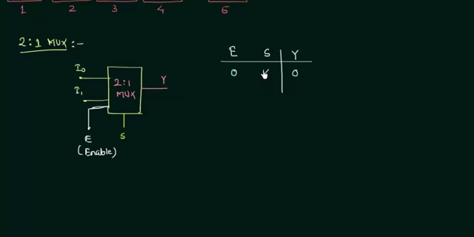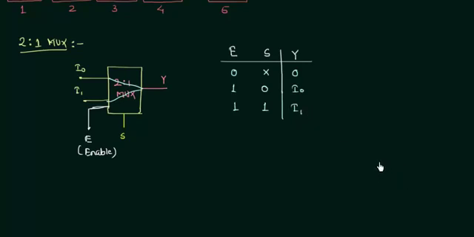So whatever the value of the selector variable, we don't care, it is always going to be 0 when the enable is 0. Now when the enable is 1 and S is equal to 0, Y is connected to I0, so Y will be I0. And when the selector variable is equal to 1, Y is connected to I1 and it is equal to I1. Simple.